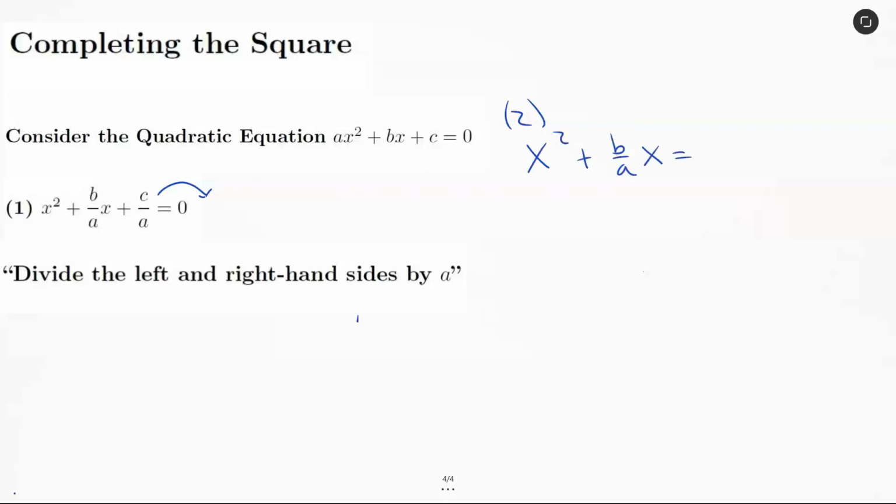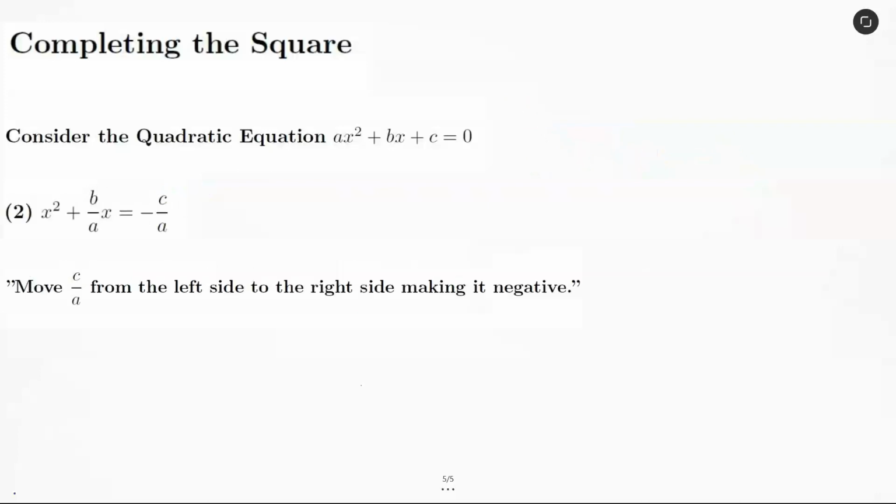And when you do that, it becomes negative. That's the way we want to think about it with movement. Plus on the left hand side is minus on the right hand side. Plus on the right hand side is minus on the left hand side. And our mantra for this will be move c over a from the left hand side to the right hand side. That is step number 2.